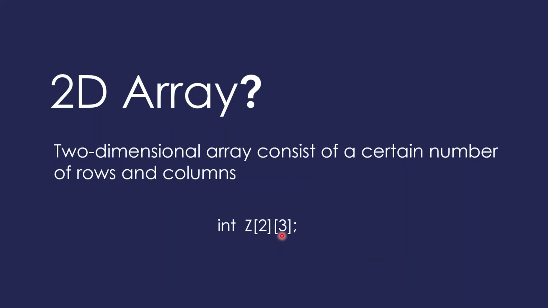The second square bracket means the number of columns. According to this example, our two-dimensional array has 2 rows and 3 columns. That means within our two-dimensional array, we can store a maximum of 6 elements.